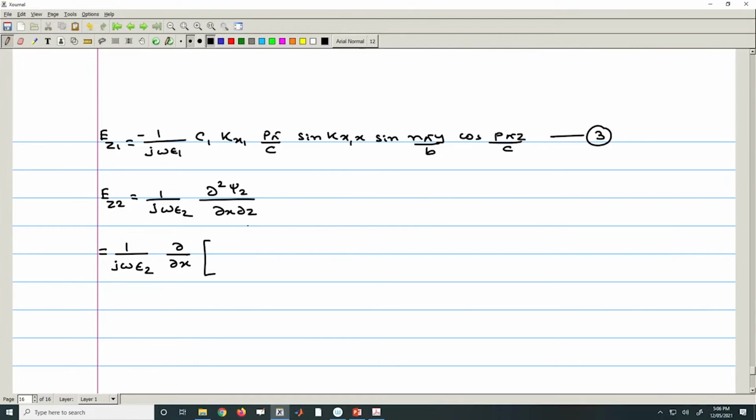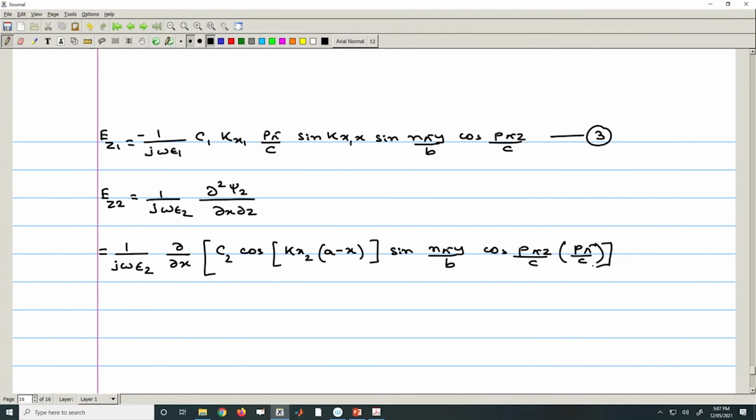So first is with respect to z. We will get C2 cos of kx2(a − x) sin nπy upon b cos pπz upon c. Since we are differentiating with respect to z, sine will be cos and this will be pπ upon c.